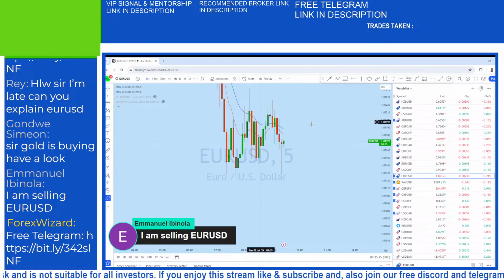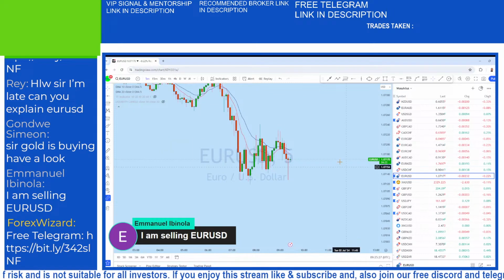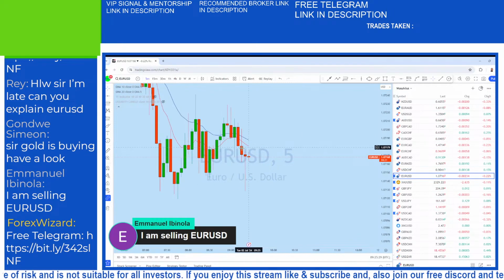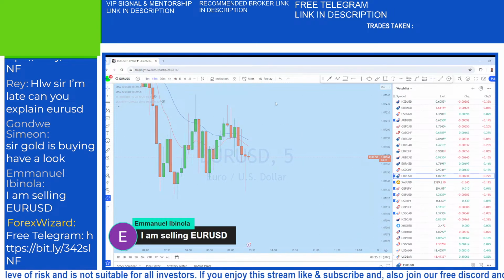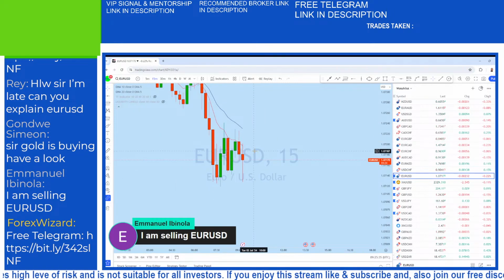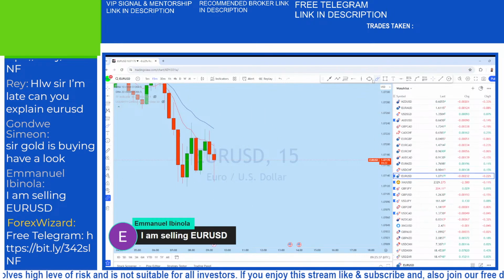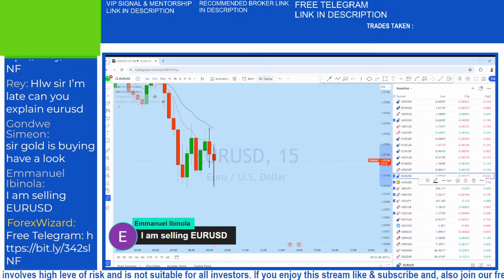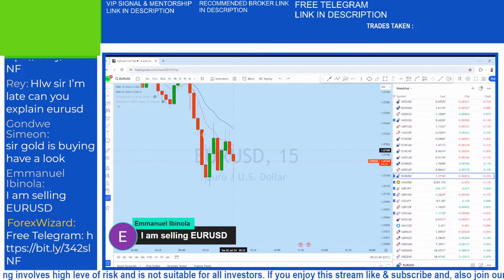Okay guys, so the doji, a pretty important doji here. With this doji formation, a bearish engulfer followed by another doji can give a potential downside here.